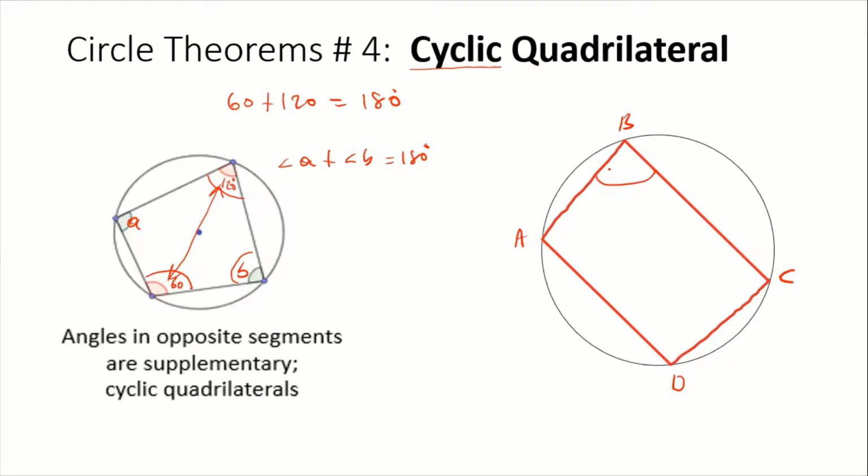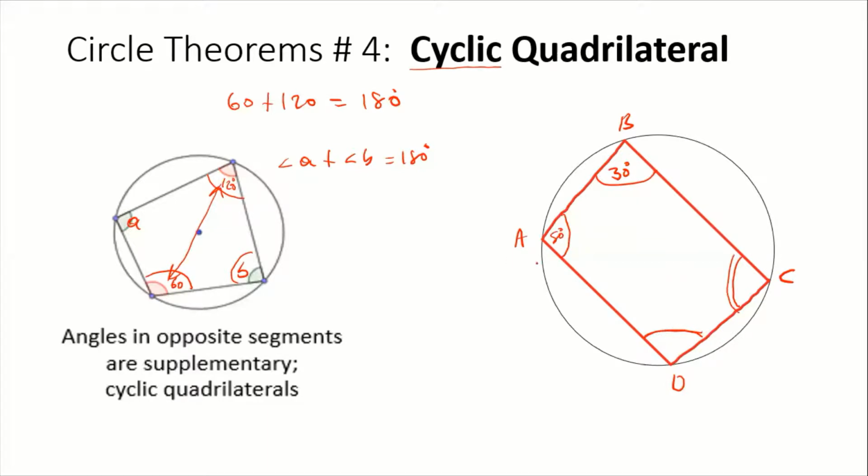Let's say this angle here has a measure of 30 degrees, and this angle right here has a measure of 80 degrees. That's all you know. And you're asked to determine the value of angle BDC, which is this angle here, and also the value of angle C here. Those are the two angles that you want to find.